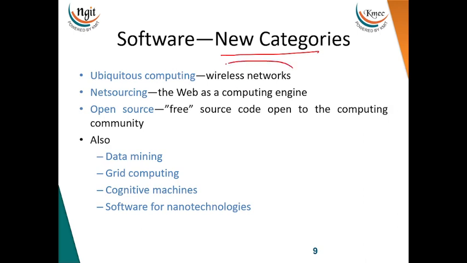Why did new categories of software come into existence? One is wireless networks. Then net sourcing, the web, where every application can be done based on the web. Then open source, where everything is available, you can download all those things. And also we have many things like data mining, grid computing, software for non-technologists.